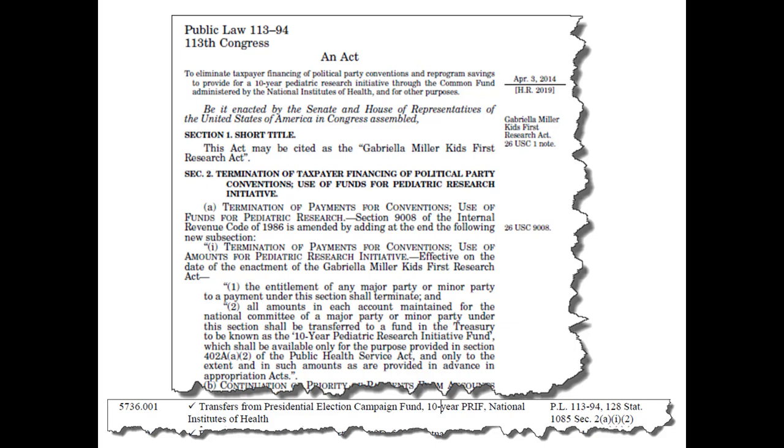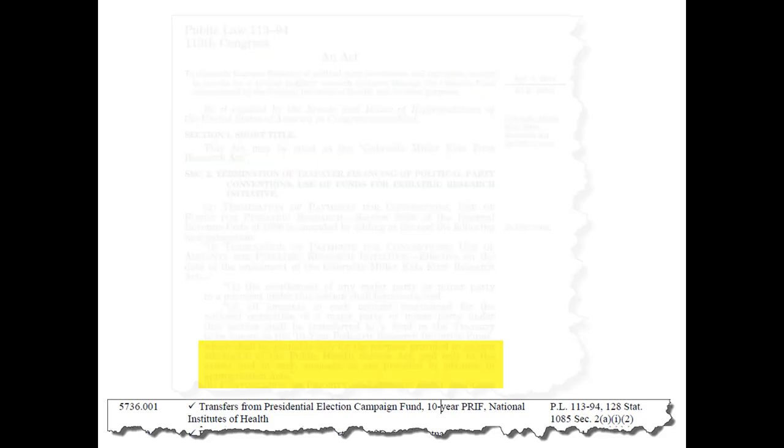These funds were not immediately available and could be used only to the extent and in such amounts as are provided in advance in appropriation acts. Because the use of these funds required further action by Congress, by definition, such funds are classified as unavailable.